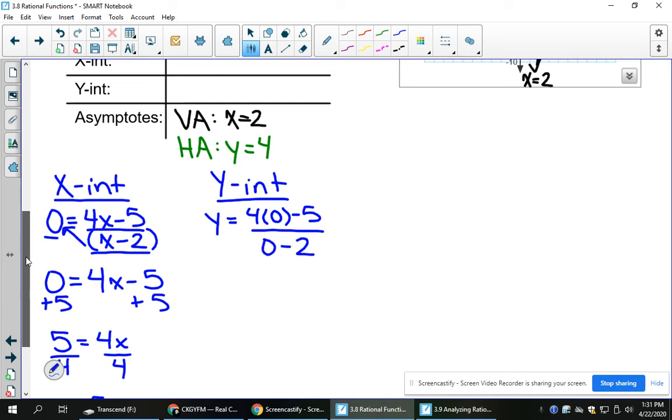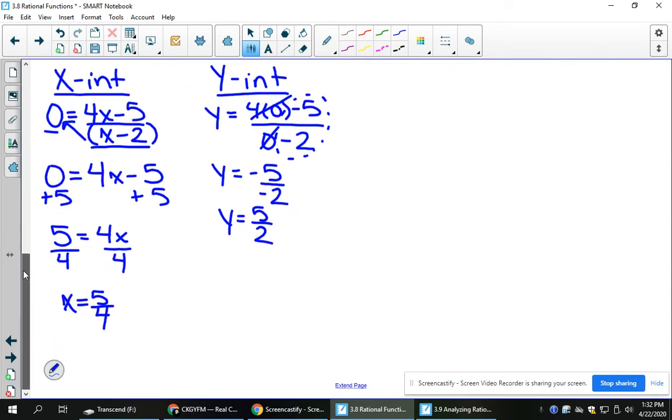Think about what this does. This means that any term that had an x in it disappears. All you have to do for your y-intercept is divide the constants, the numbers in there that don't have x's. So -5 and -2, be careful with your signs, gives you a y-intercept at 5/2.